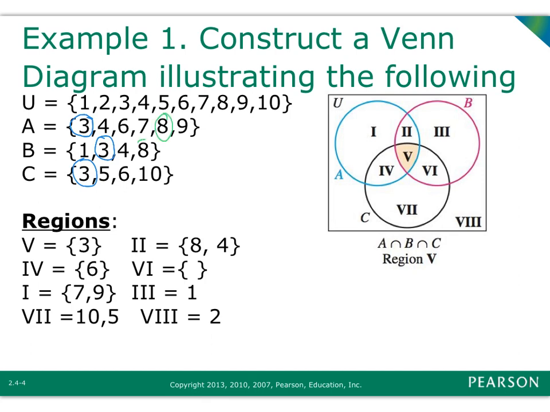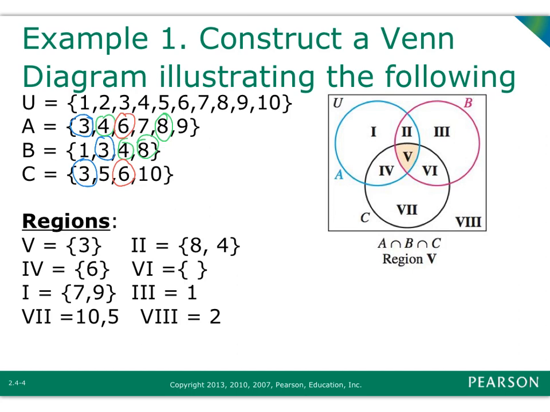we have 8 that's common, and we have 4 that's common. And we go through and we do the same thing. And you'll notice that for the regions that we have, 5, 2, the region for the intersection of A and C, for example, in that particular case, we have certainly 6.